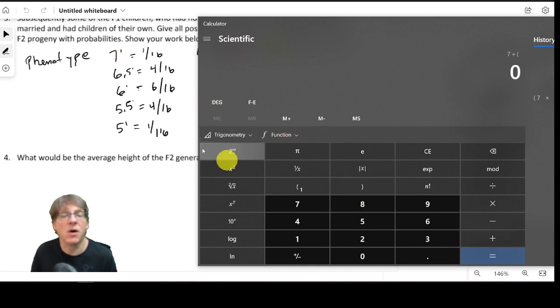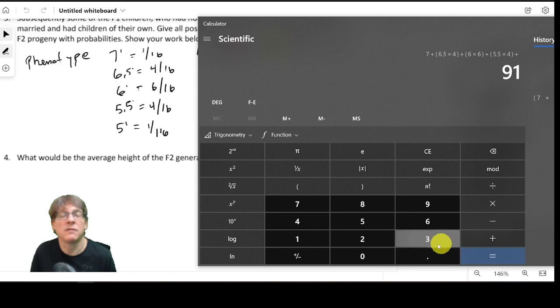We got to add up all of these different heights. 6.5 times 4 plus 6 feet times 6 individuals plus 5.5 feet times 4 individuals plus 5 feet times 1 individual equals, and now we have 96, and then we have 16 different individuals divided by 16.